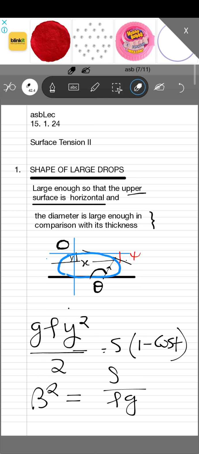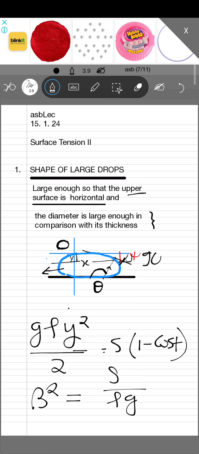As the size of the drop increases, this angle starts to go down, and there is a time when this angle reaches 90 degrees, as the drop is growing.